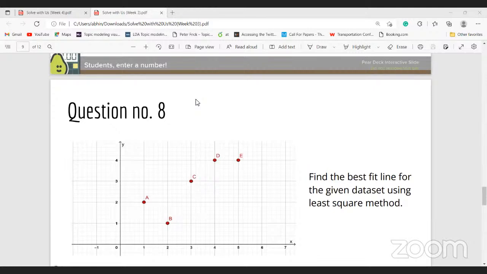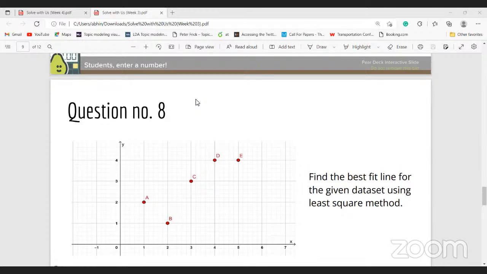Right. Just write the coordinates of A, B, C, D, E. There are 5 points, na? Now for A, what is the X and Y? 1, 2. Correct? Yes, sir. For B it is 2, 1.